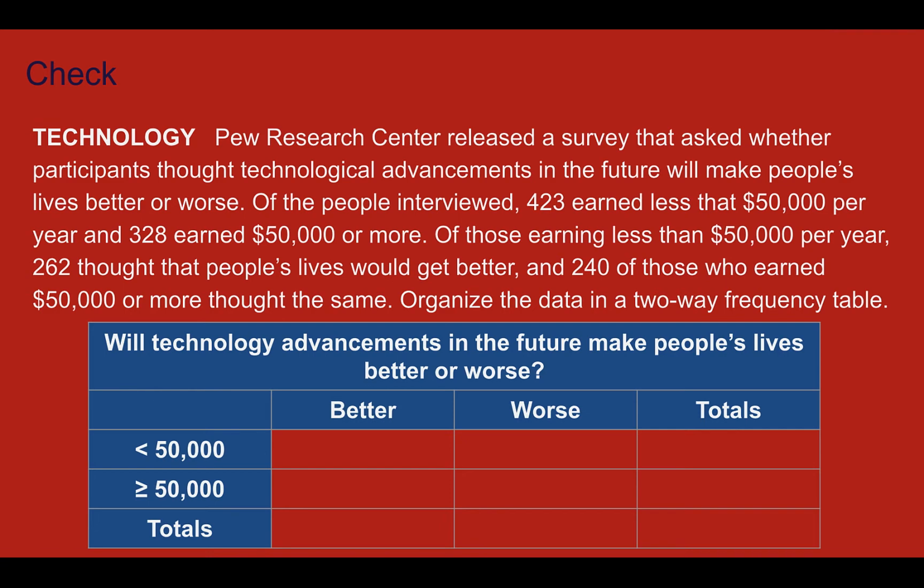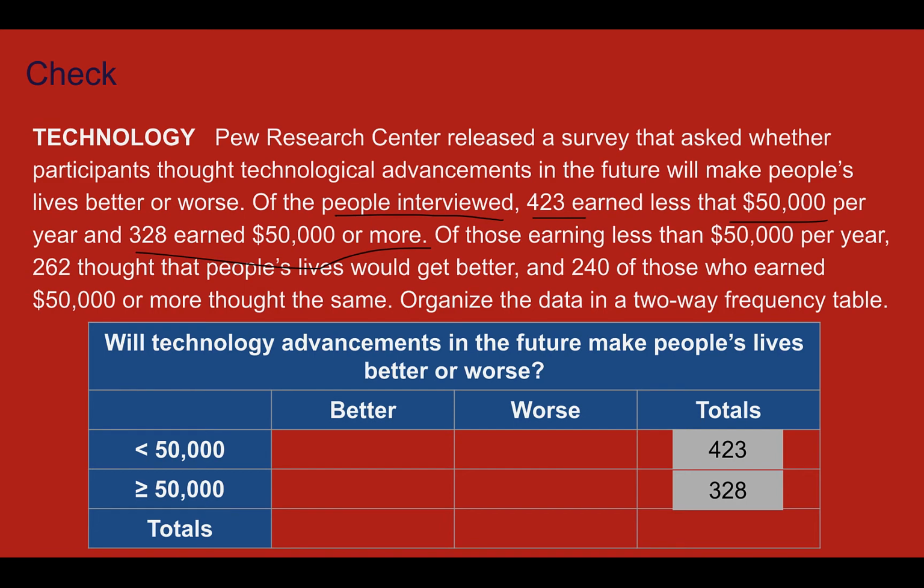Check your answer. First, it tells you of the people interviewed, which tells you that's a total. 423 earned less than 50,000. 328 earned 50,000 or more. Those are your totals of people that earned more or less than something.